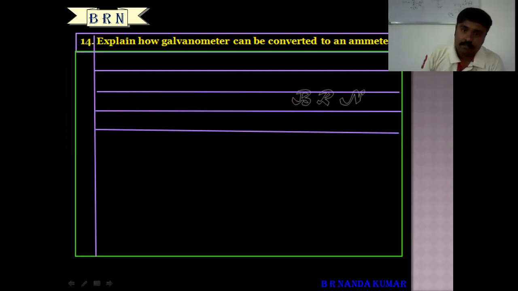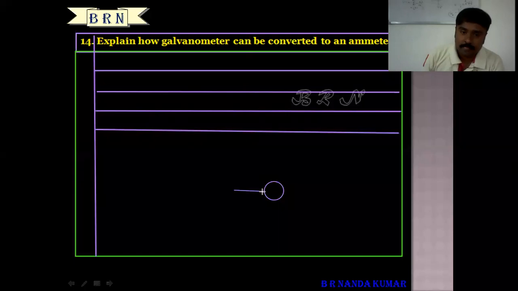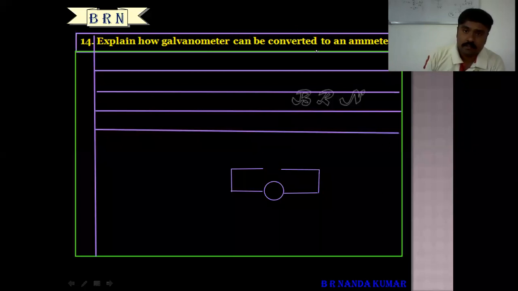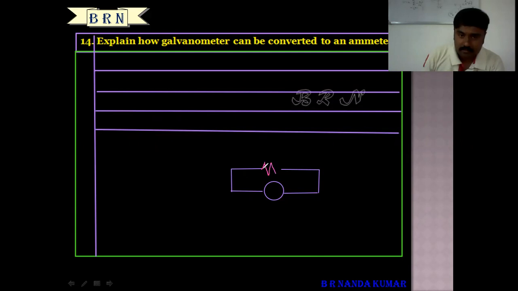Correct? So a galvanometer can be converted into an ammeter by connecting a very small resistance, which must be connected in parallel with the galvanometer.